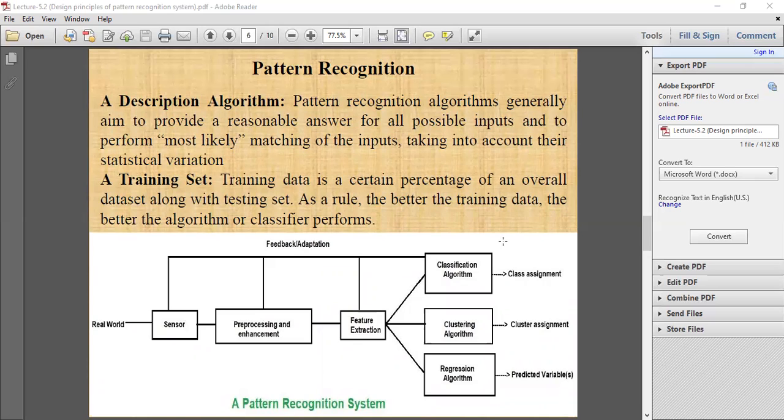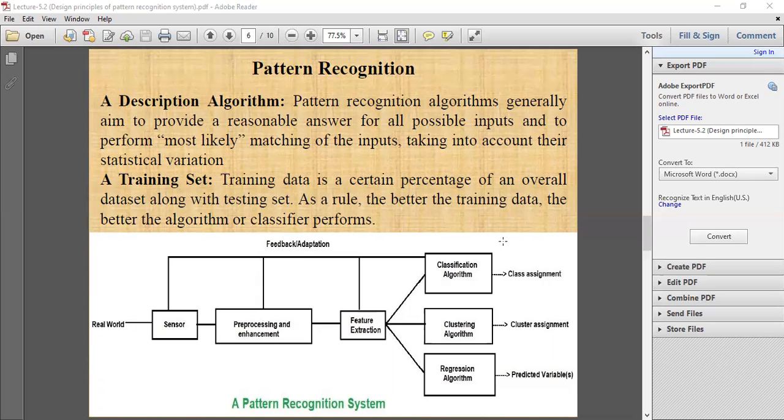A description algorithm. Pattern recognition algorithms generally aim to provide a reasonable answer for all possible inputs and to perform the most likely matching of the input, taking into account their statistical variations. A training set.